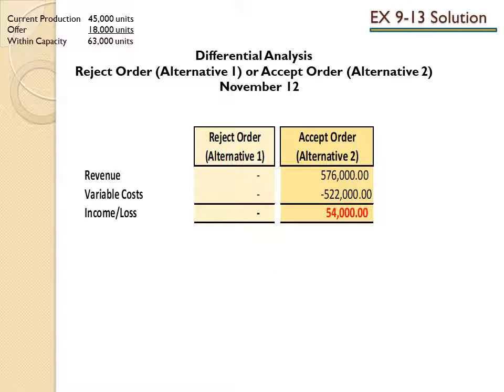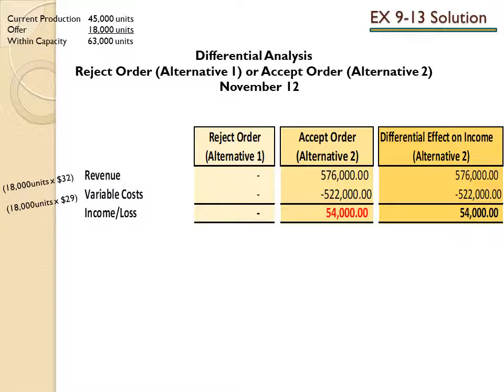And if we were to accept the order under alternative 2, we will have additional revenue of $576,000 computed by multiplying 18,000 units times $32 and additional variable cost of $522,000 computed by multiplying 18,000 units times $29. So as a result, we will have additional income of $54,000. The decision would be to accept the special order.